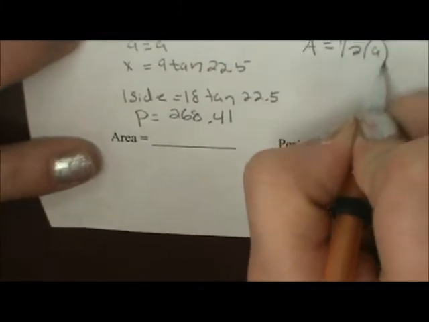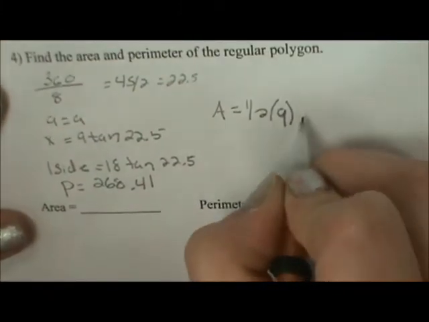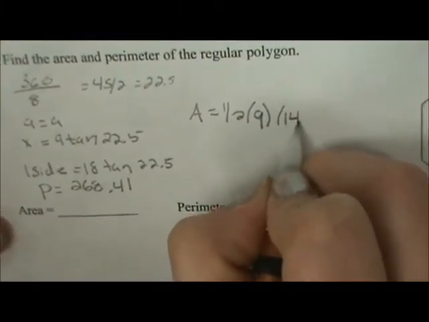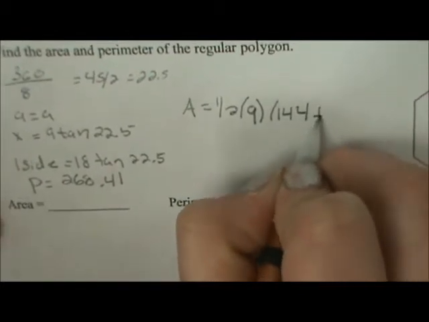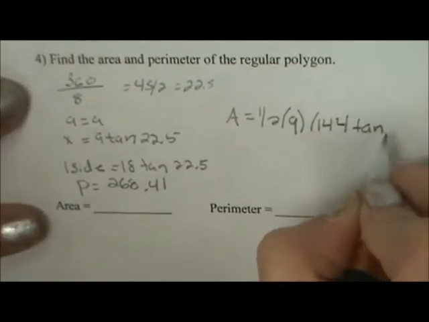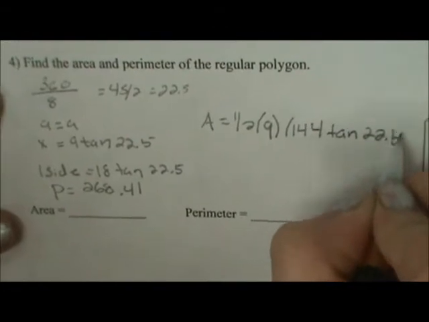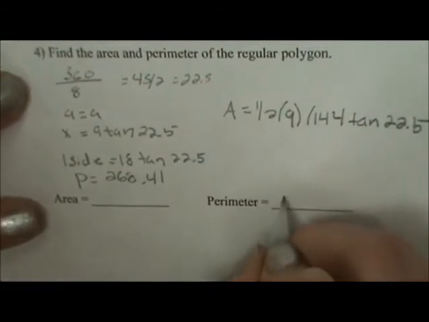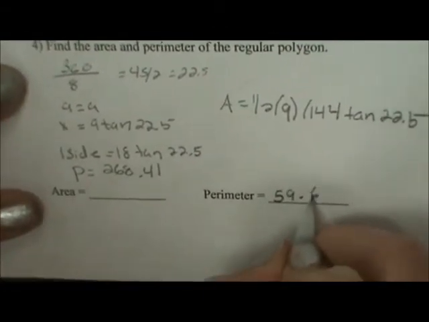So the area equals 1/2 times 9 times 144 tangent 22.5. And the perimeter equals 59.646.